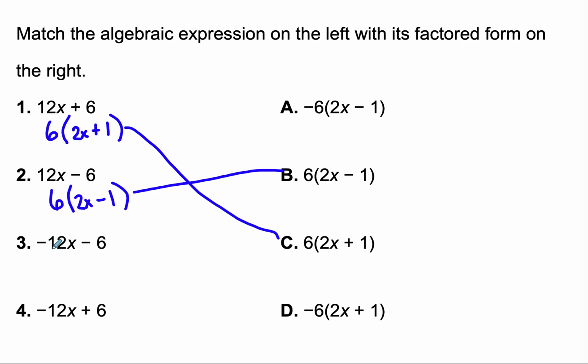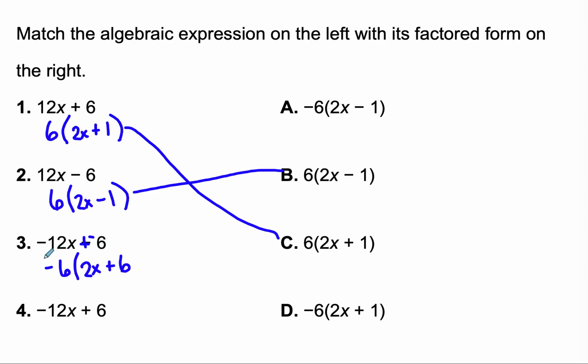For number 3, here I have a negative. And again, if you have a negative coefficient, they're going to ask you to have a negative in front of the parentheses. So this time instead of 6, I'm going to write -6. -12 divided by -6 is a +2. So +2x. If I made that plus -6, a -6 times a -6 would be a +6.